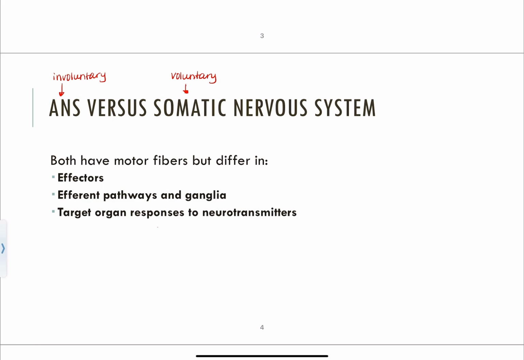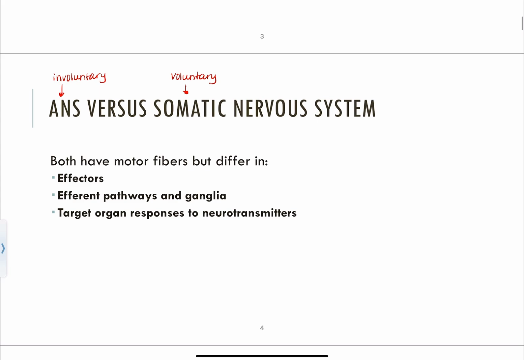And again, the target organ responses to neurotransmitters are also different. We talked about the somatic nervous system having acetylcholine being released at the neuromuscular junction. Acetylcholine acting on the skeletal muscle was always stimulatory.